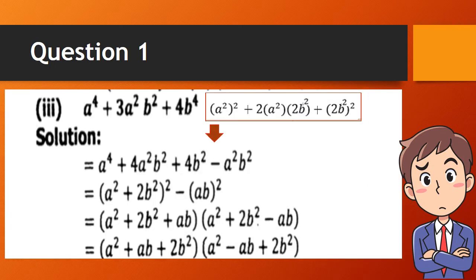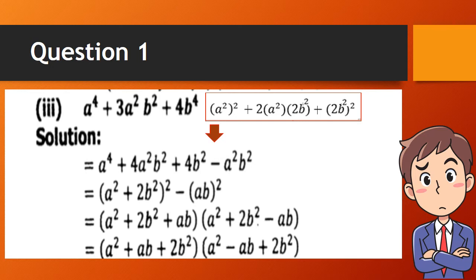So students, in part number 3 we have a raised to power 4 plus 3a square b square plus 4b raised to power 4. So for completing the formula, you have (a square) whole square plus 2 into a square into 2b square plus (2b square) whole square.